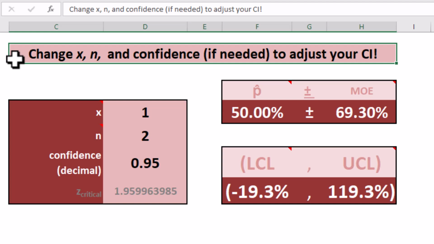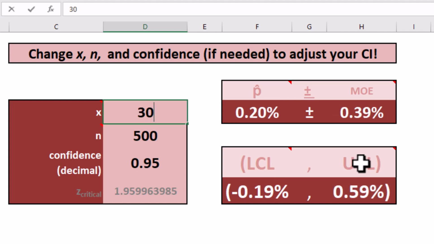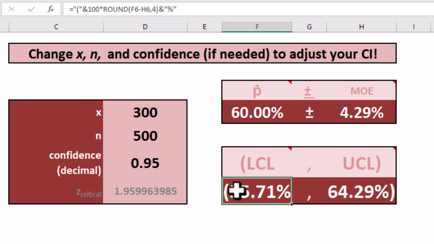Change X, N, and if needed, your confidence. So let's suppose you flip a coin 500 times and you get heads 300 times. At 95% confidence, the confidence interval for those results is 55.7% to 64.29%.